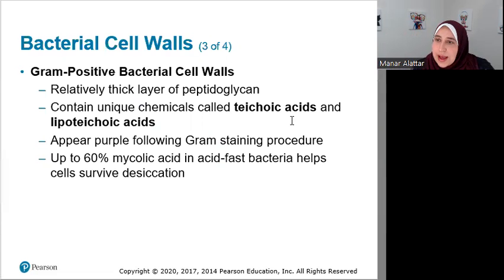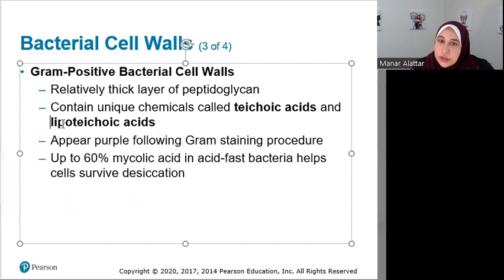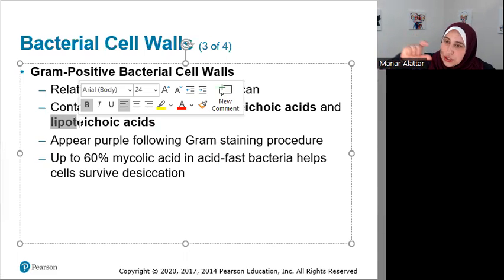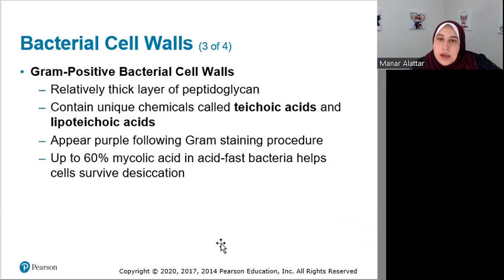They have a couple of acids that anchor the cell wall to the cell membrane and anchor within the cell wall as well. And those are called teichoic acids. And then lipoteichoic acids have just a little lipid attached to them that allows them to actually connect to the cell membrane itself. And you'll see that in a second.